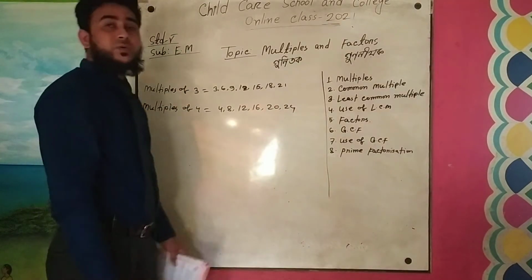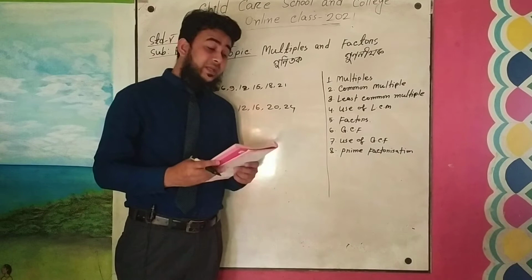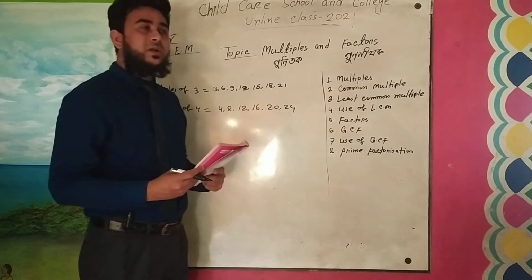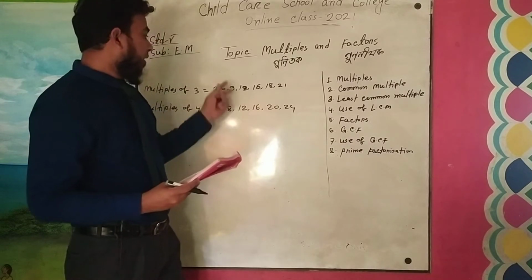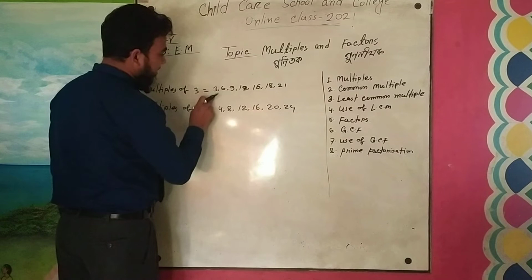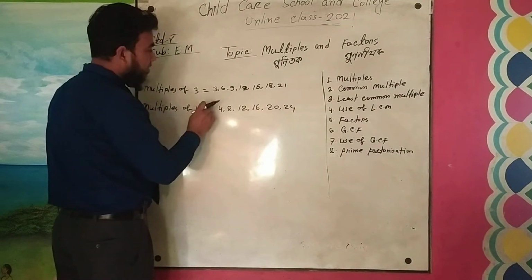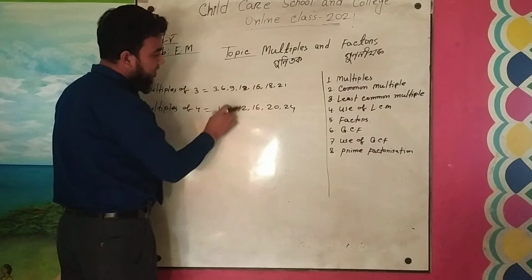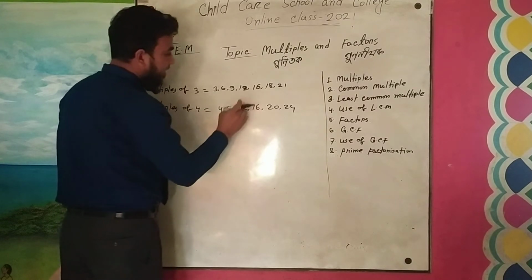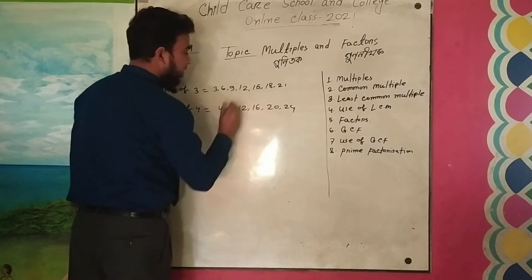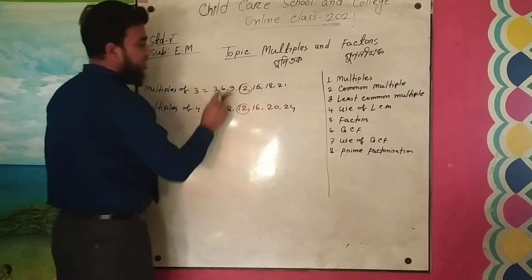Now at first we have to understand what a common multiple is. A common multiple is a multiple that appears in both lists. Look here: there is 3, there is no 3 in the other list, so this is not common. Here is 6, there is no 6, so this is not common. Here is 9, there is no 9, this is not common. But here, look, here is 12, and here also 12, so this is common.